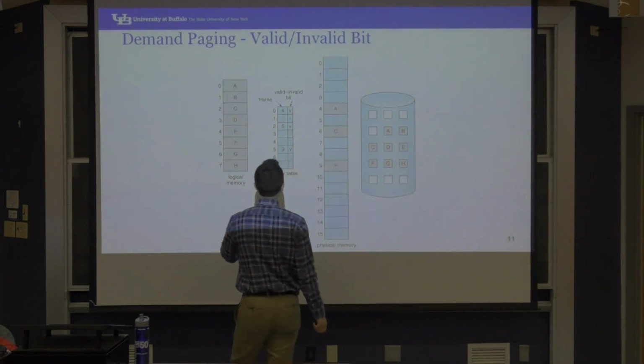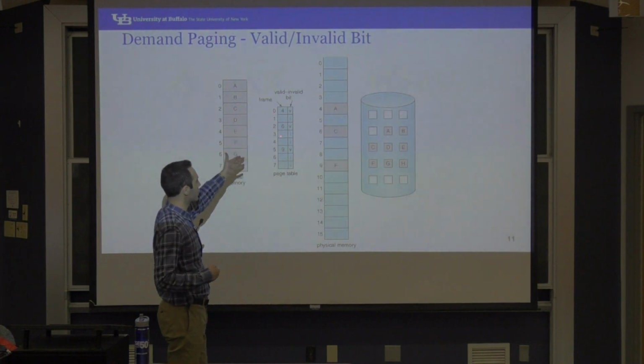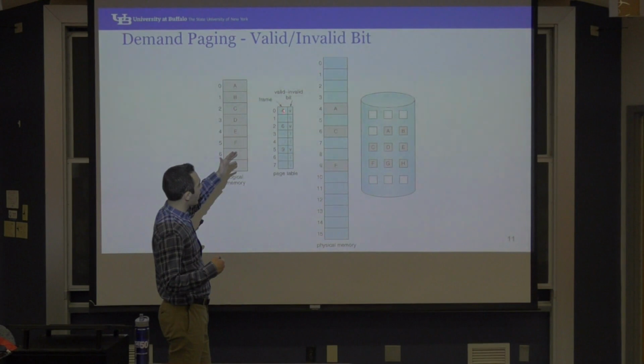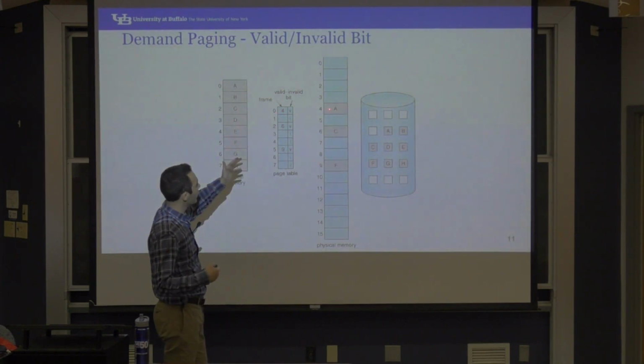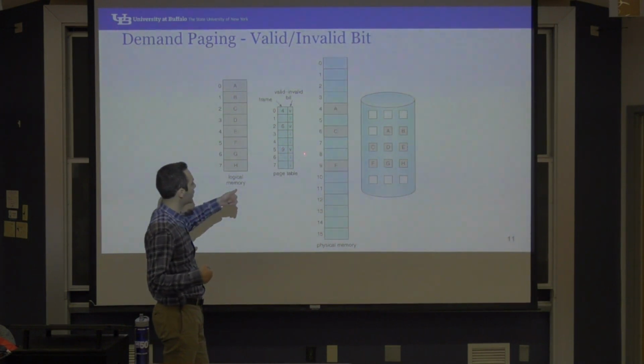Now, in the page table of this process, we have the entries as this: 0, 1, 2, 3, 4, 5, 6, 7. Page number 0 is mapped to frame 4 and it's valid. Page number 2 is mapped to frame number 6 and it's valid. Page 3 is mapped to 9 and it's valid.